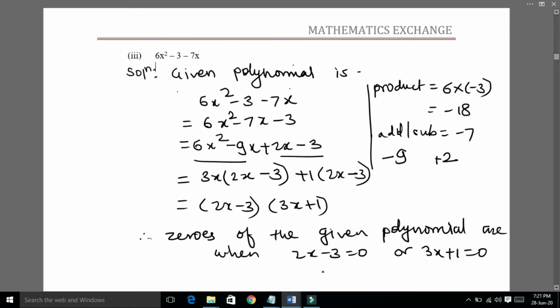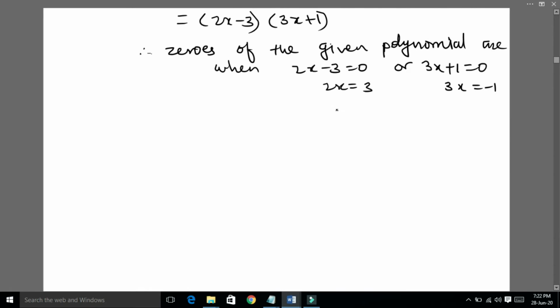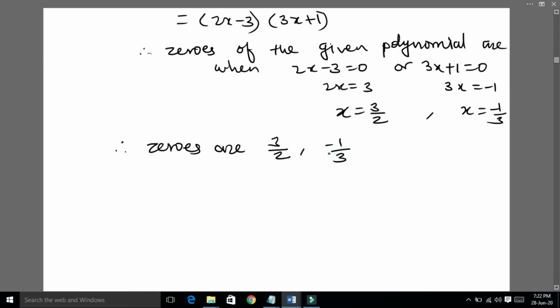So we get 2x is equal to 3 and 3x is equal to minus 1. So the zeros we obtained are x is equal to 3 by 2 and x is equal to minus 1 by 3. Therefore zeros are 3 by 2 comma minus 1 by 3. So these are the two zeros we obtained.